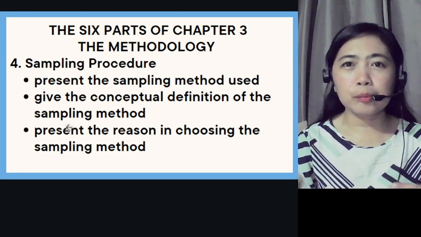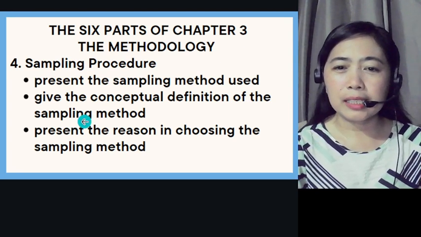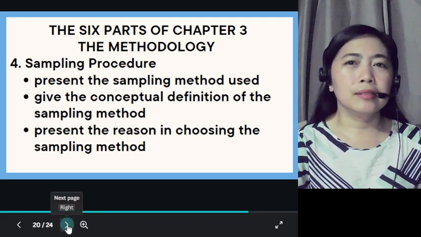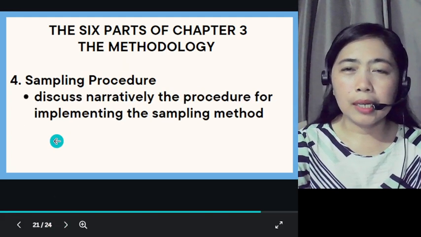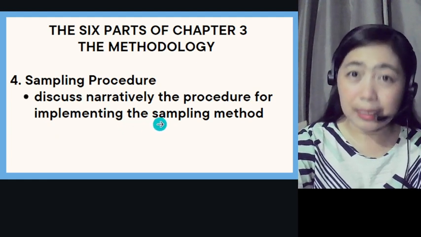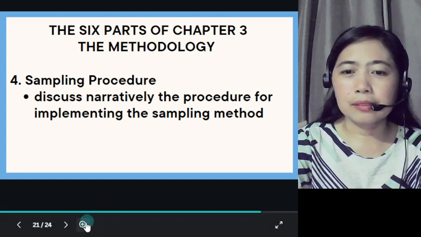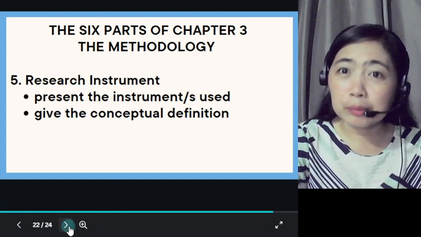After that, you provide reasoning, why you chose it. That is the most important. For sampling procedure, discuss narratively the procedure for implementing the sampling method. So you narrate it there.